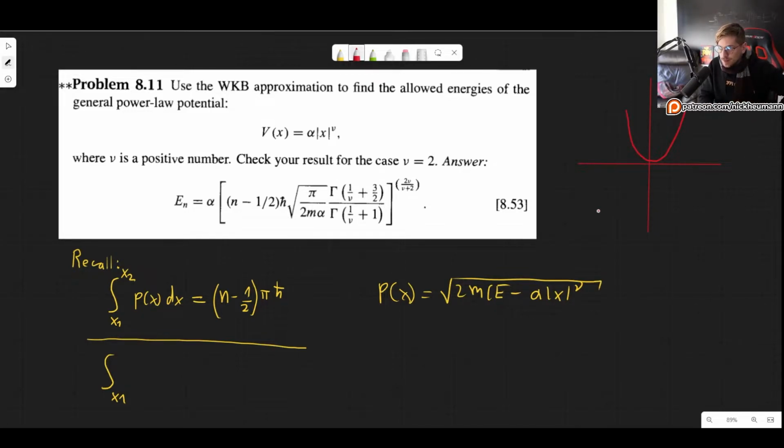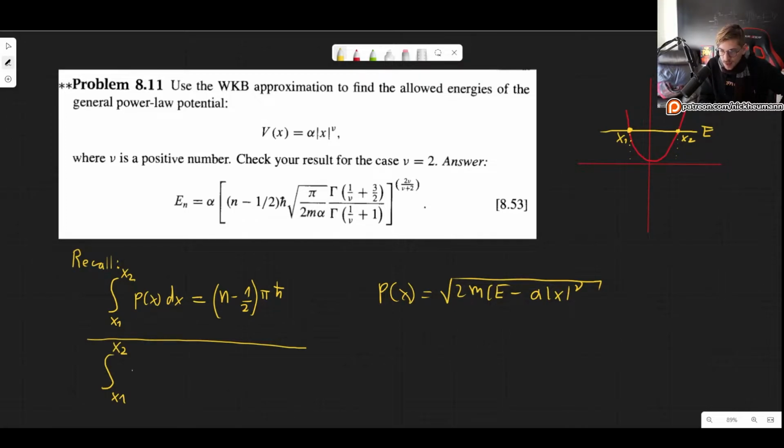So in this case, this is our potential, and our particle or our system, whatever it is, will have some energy E. And we have 2 points where the energy and the potential are equal. One of them is at x1 and one of them is at x2. Okay, so that is what x1 and x2 are. Those are the classical turning points. Keep in mind, this is a semi-classical approximation, so that's also why we use this semi-classical approach to momentum.